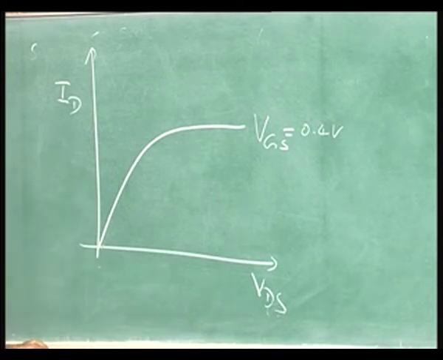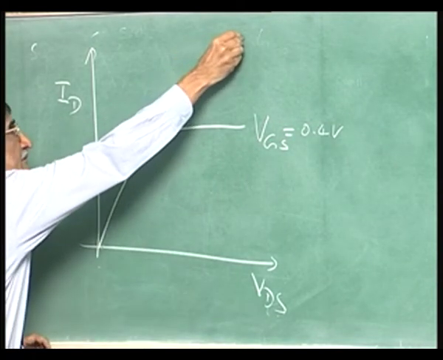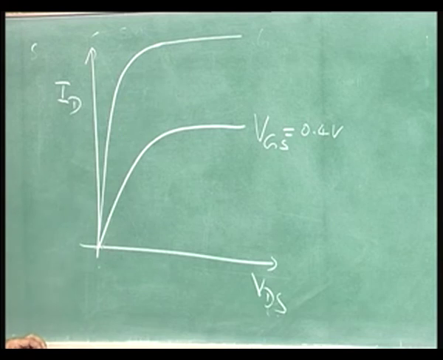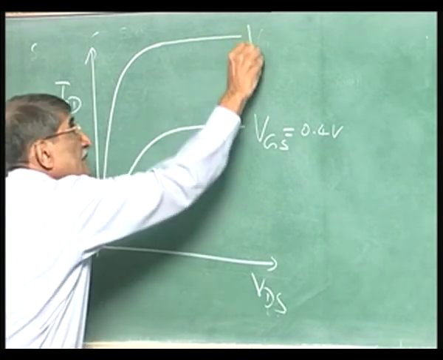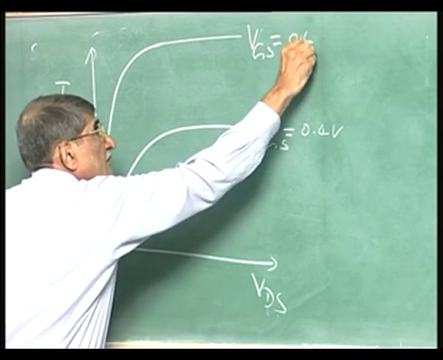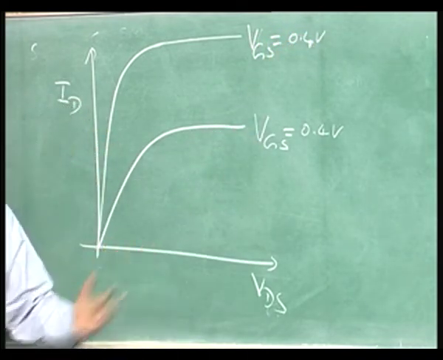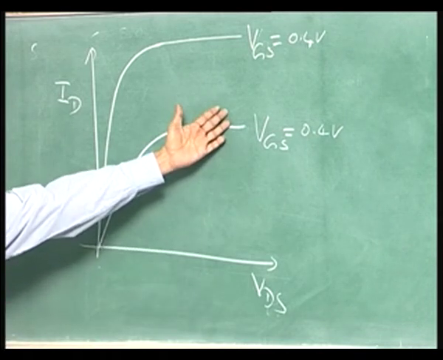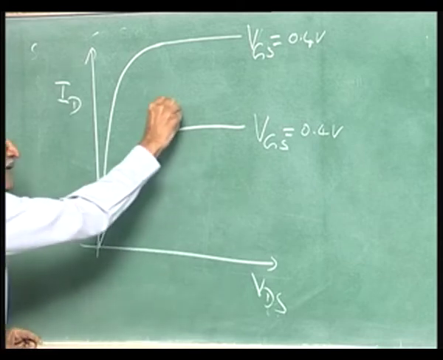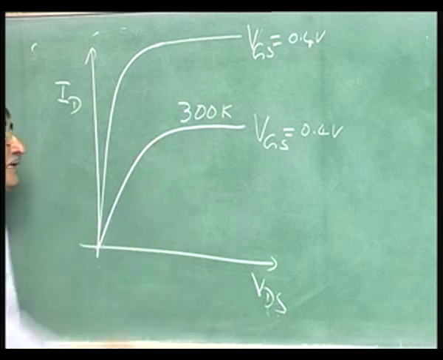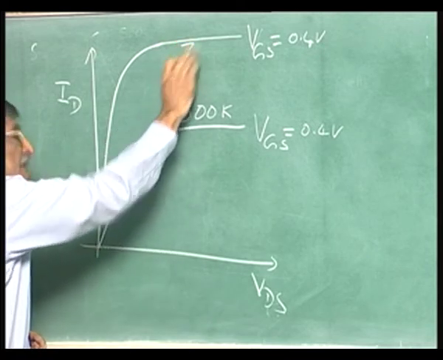For the same VGS, no doubt you get higher current. You also get that sort of characteristic. This is VGS equals 0.4 volts; what I mean is VGS minus V threshold, some value I am putting arbitrarily.